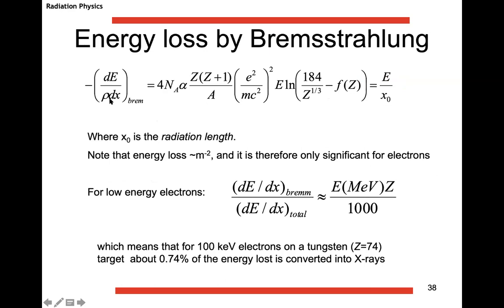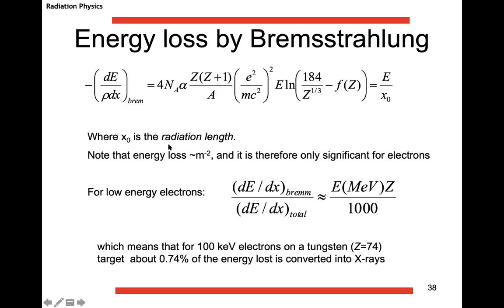The mass thickness, you start to be familiar with it, is the product of the density times the length. It's given by this formula that is apparently a bit complicated, so physicists like simple, and they just write it as E divided by X0. Essentially, E is the energy of the particles, and X0, this quantity which includes all these factors, is the so-called radiation length.